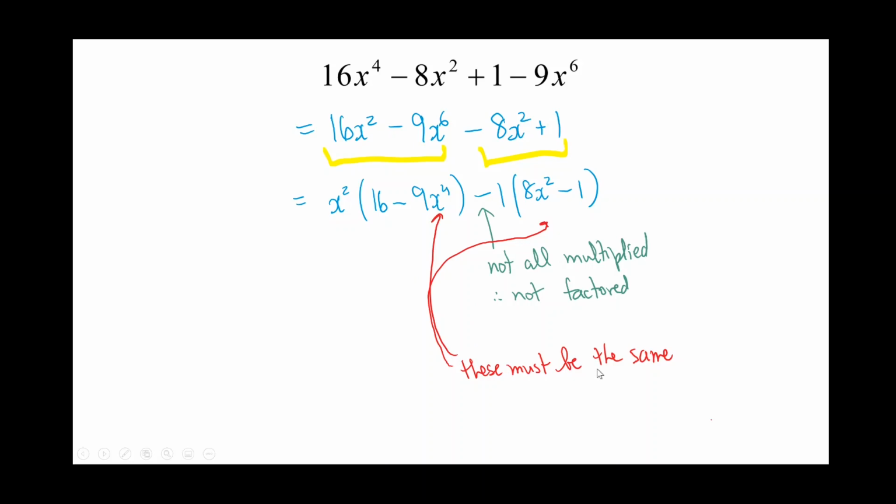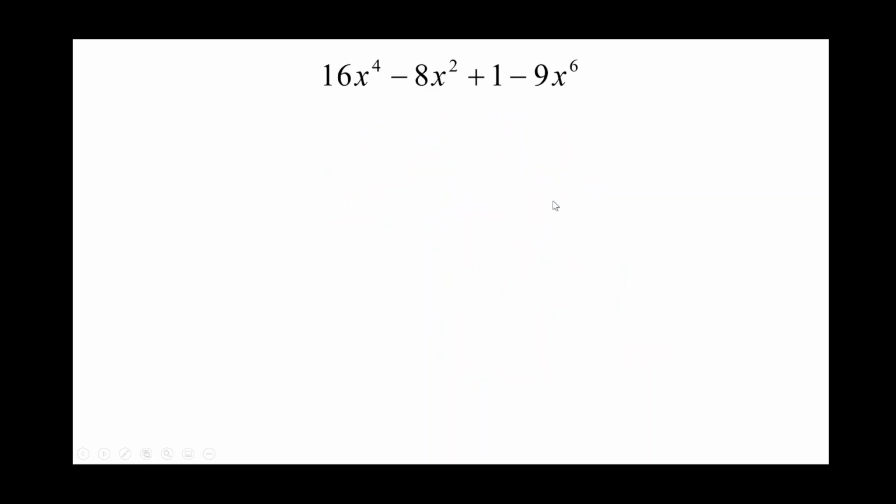So why don't we try to group it instead of 2 by 2? What if we group 3 and leave that alone? These 3 turn out to be a perfect square trinomial. If we were to break out 16 into 4 and 4, and positive 1 is negative 1 times negative 1, then if you crisscross this, you'll have negative 4x squared and another negative 4x squared, which is this middle term, negative 8x squared.